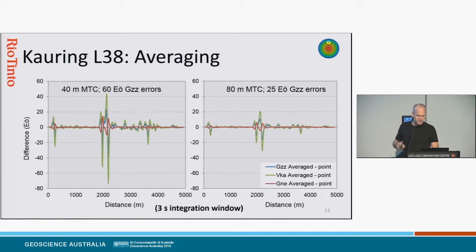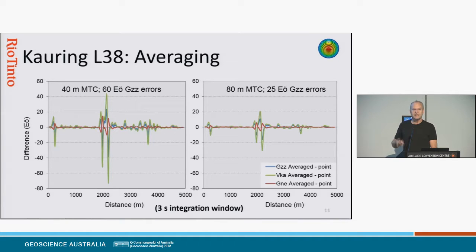Not sure whether they're RMS figures or peak to peak. Anyway, you can see that there are significant differences between the point samples and the integrated samples.